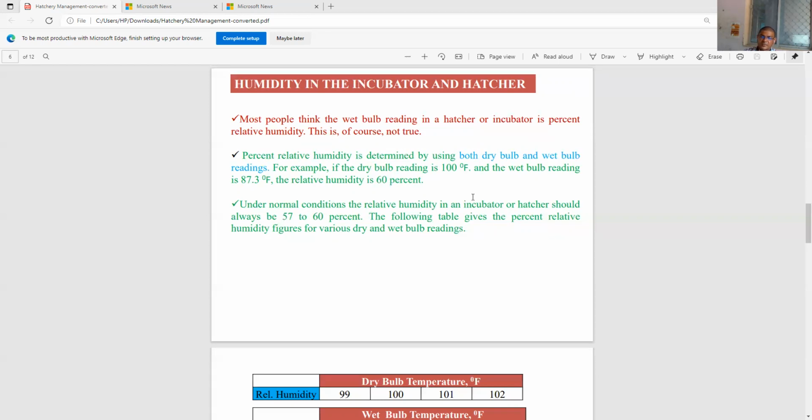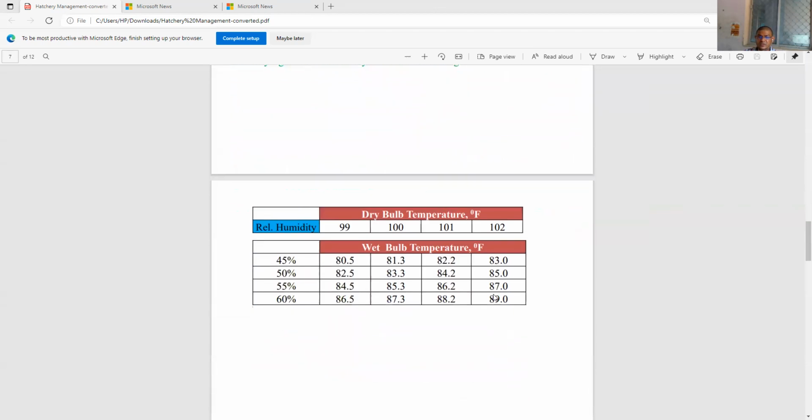Under normal conditions, the relative humidity in an incubator or hatcher should always be 57 to 67%. The following table gives the percent relative humidity figure for various dry and wet bulb readings.